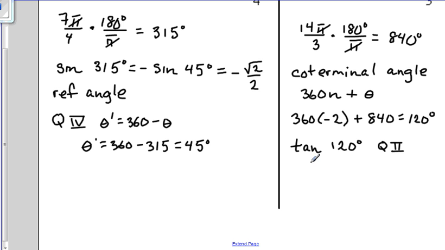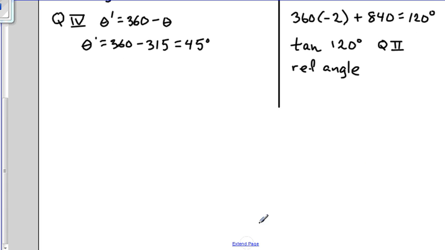In quadrant 2, we're once again going to find the reference angle. And to find the reference angle in quadrant 2, recall that it's theta prime equals 180 minus theta this time. So it's going to be 180 minus 120, which is 60 degrees.